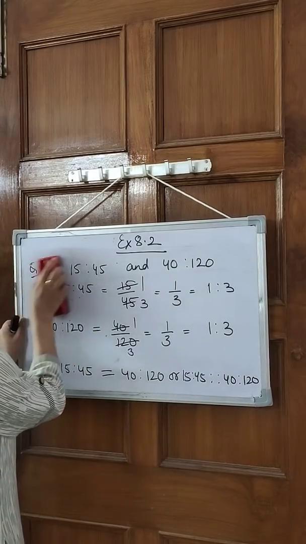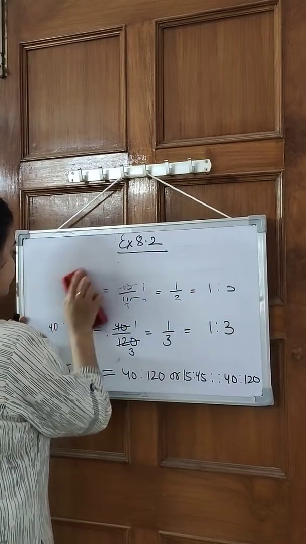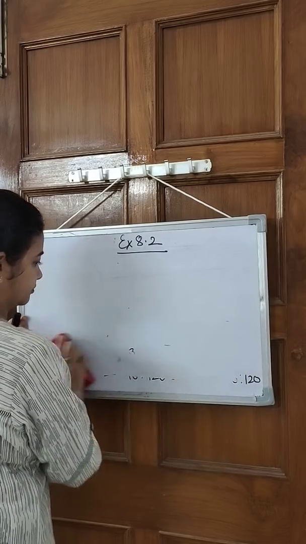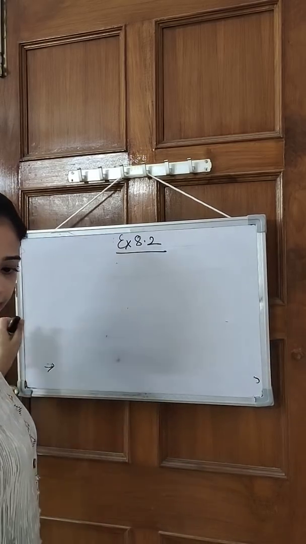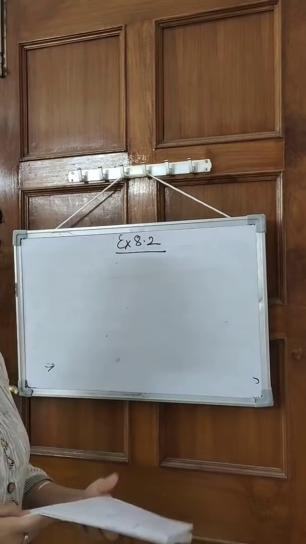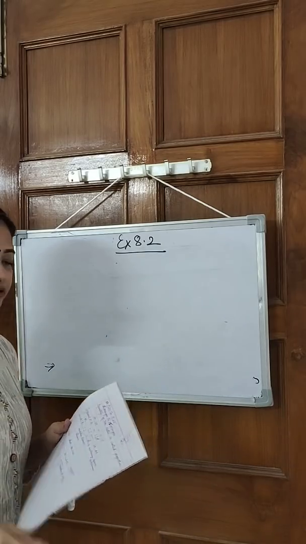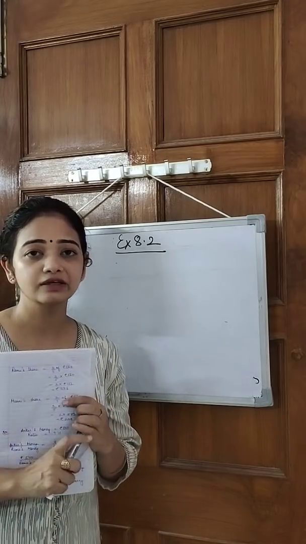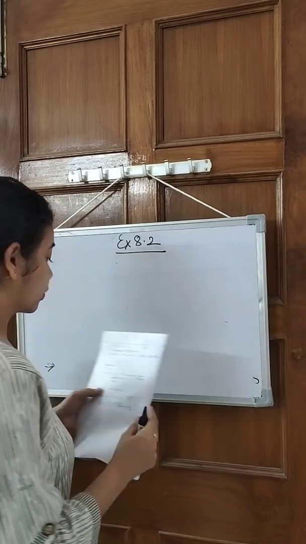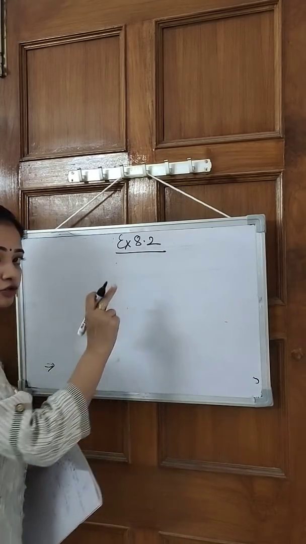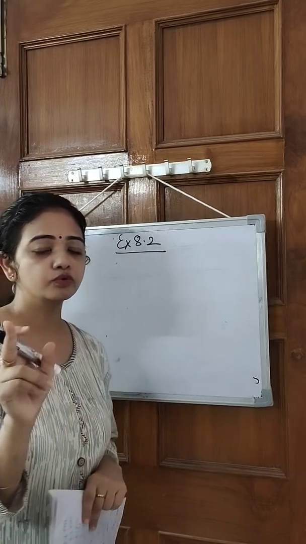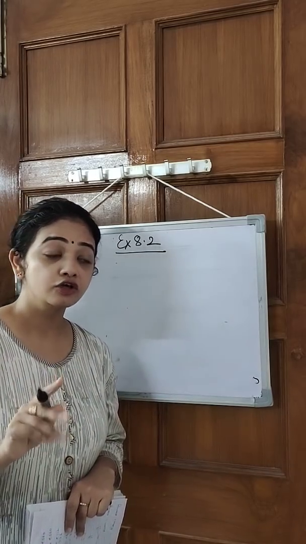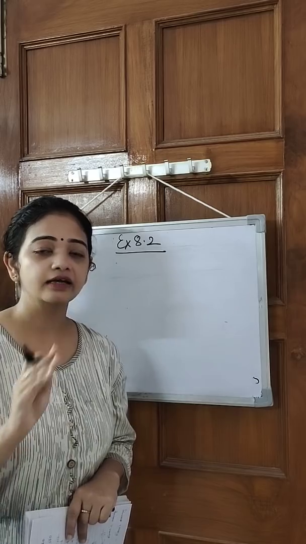Now let's take the second question. I am taking question number 2 now, which says that there are 4 statements given, and you have to check whether the given statements are true or not. In the previous question, between the two ratios the equal sign was not written, so you had to check whether they are equal or not.